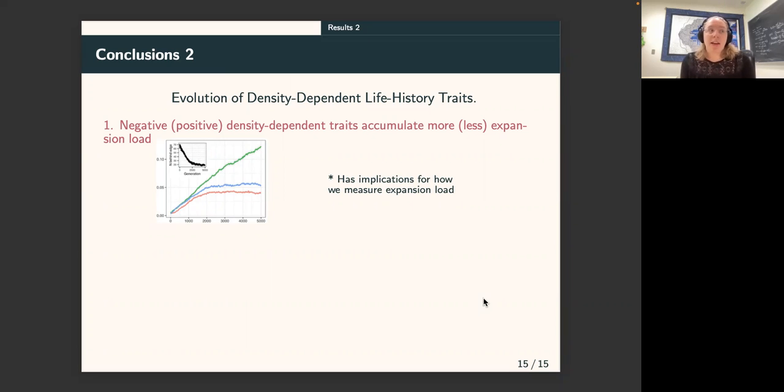And this has implications for how we measure expansion load. This is an ongoing project, so I don't have the figure to show you, unfortunately. But essentially, depending on the population size in which you estimate expansion load, you will get vastly different answers. So you have to be aware of the population size in which you're measuring fitness when you talk about expansion load.